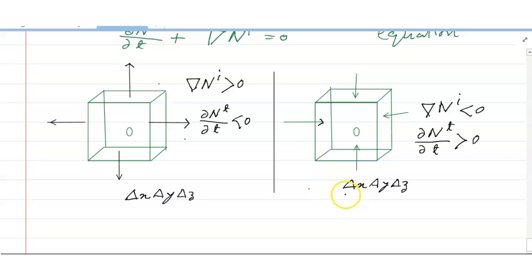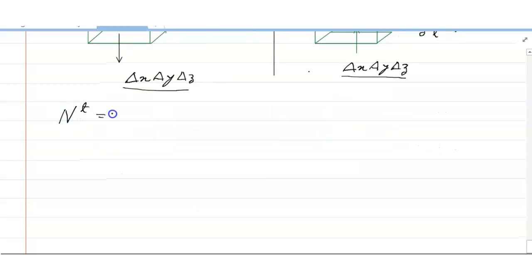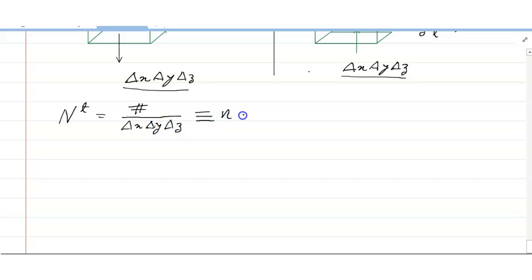So friends, I have already told these facts. Now I will discuss writing the continuity equation using the Einstein summation convention. Nt equals the number divided by del x del y del z, equivalent to n, the rest number density.